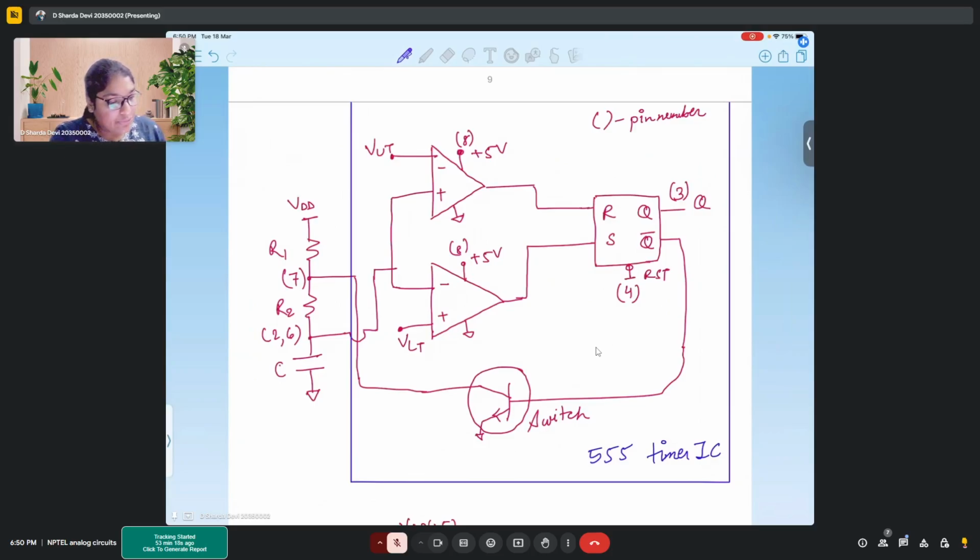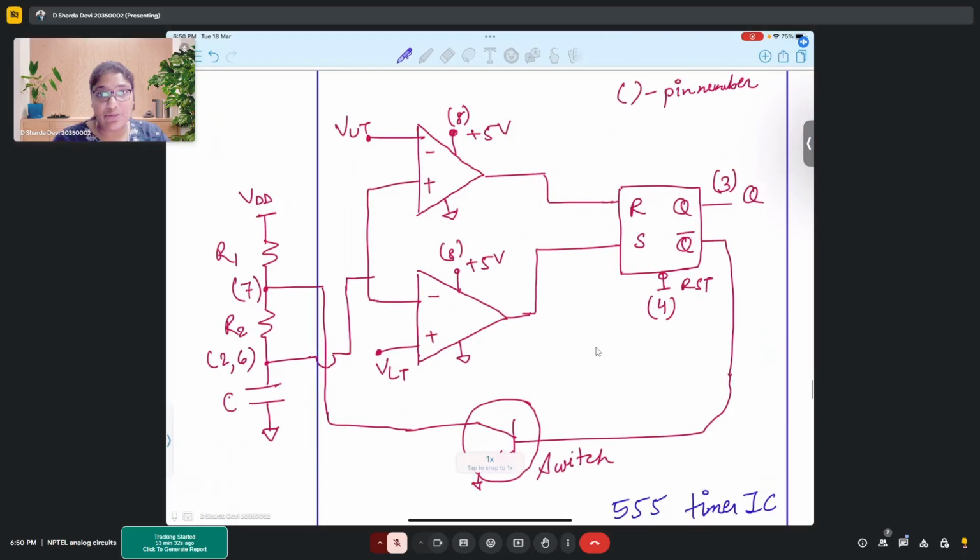So the RS flip flop will give you the output, and since it is a flip flop, it can store a high or a low value. In a practical scenario, it will be plus 5 volts or 0 volts. So when output is 5, Q bar would be 0. So based on that, you would see it is either connected.